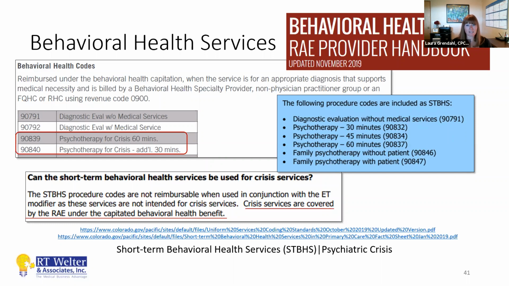The second is a PCMP with a licensed behavioral health clinician that is not contracted as part of a RAE's behavioral health network, which can work with their RAE to transition a member's care to another behavioral health provider.